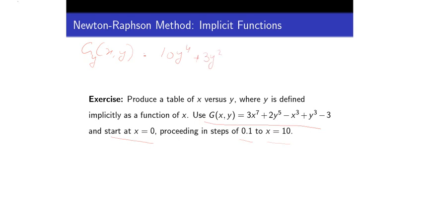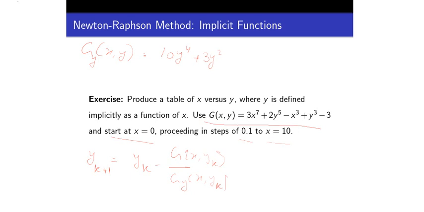So y_{k+1} equals y_k minus g divided by g_y, evaluated at x comma y_k, with k running from 0, 1, 2, 3, 4 and so on.